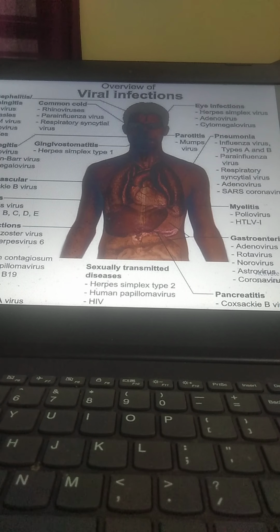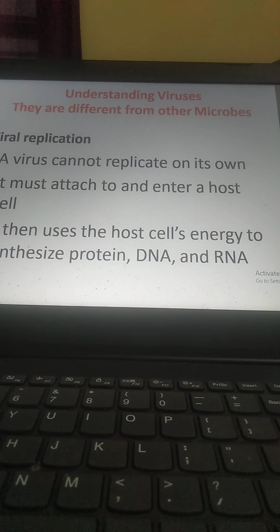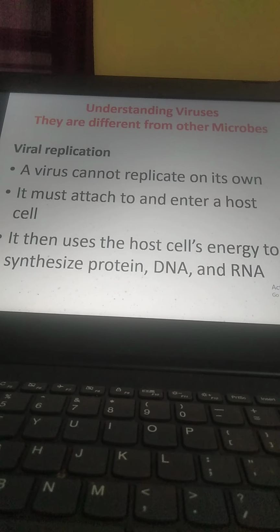Now today I am talking about the basics. Understanding viruses, they are different from other microbes. Once it is inside the body, it replicates; it does not exist on its own outside the body. A virus cannot replicate on its own.